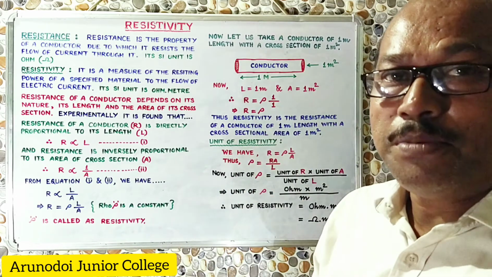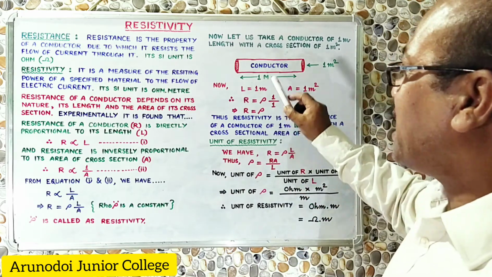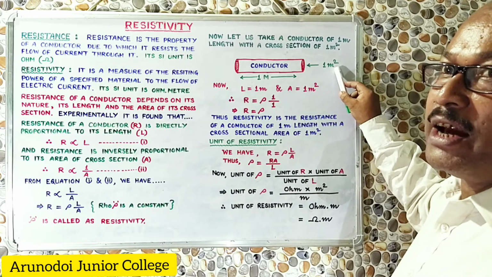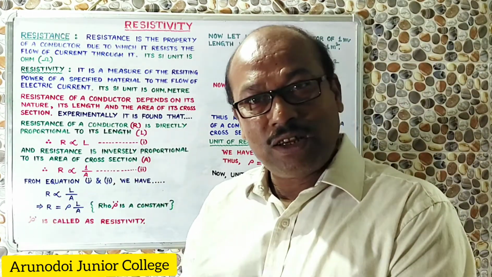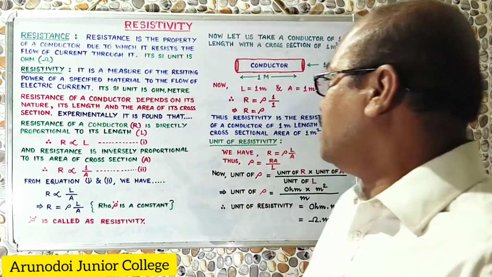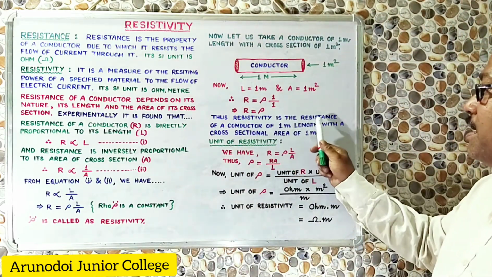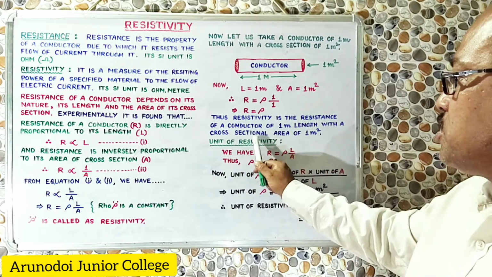Rho is the resistivity. So we have got a very special thing here: if you take a conducting wire whose length is 1 meter and cross-sectional area is 1 meter square, then the resistance of the conductor is its resistivity. That is, the resistivity is the resistance of a conductor of 1 meter length with a cross-sectional area of 1 meter square.